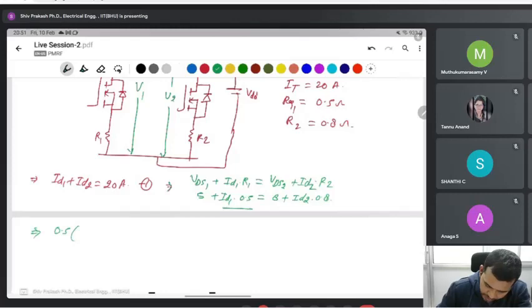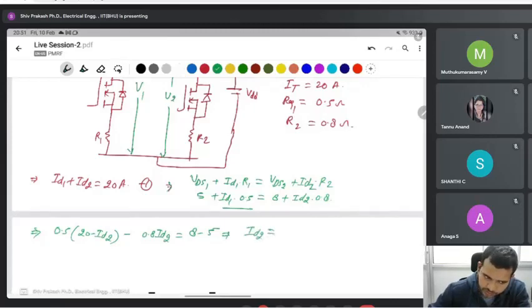Times 0.5, with ID1 as 20 minus ID2, taking terms to the left side, minus 0.8 ID2 is equal to 8 minus 5. You can solve this and find ID2 as 5.38 ampere. Simply putting the value of ID2 here, we find ID1 as 40.61 ampere.